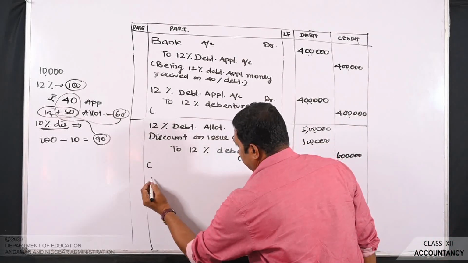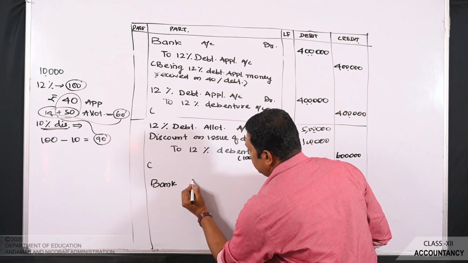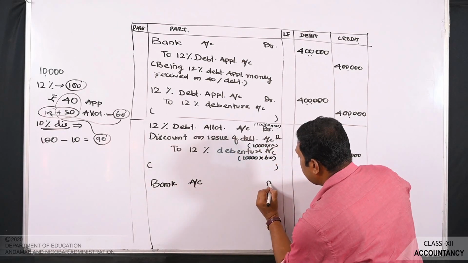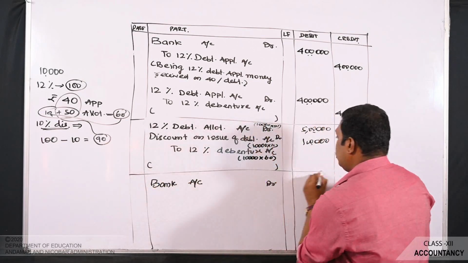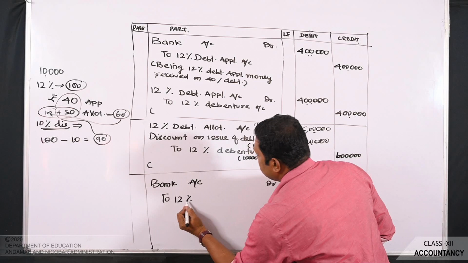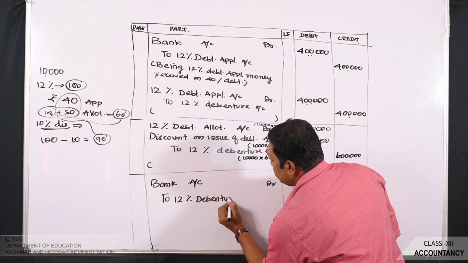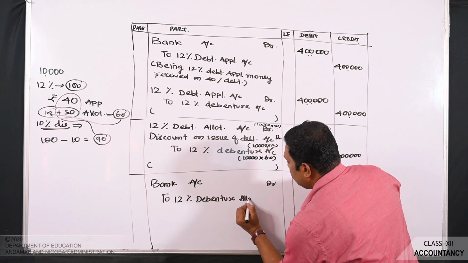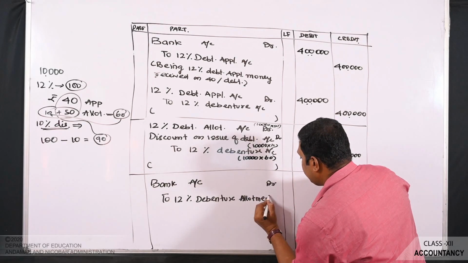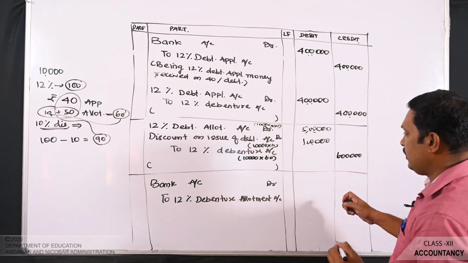Now the last entry: bank account debit to 12% debenture allotment account. So what is the amount due in allotment?